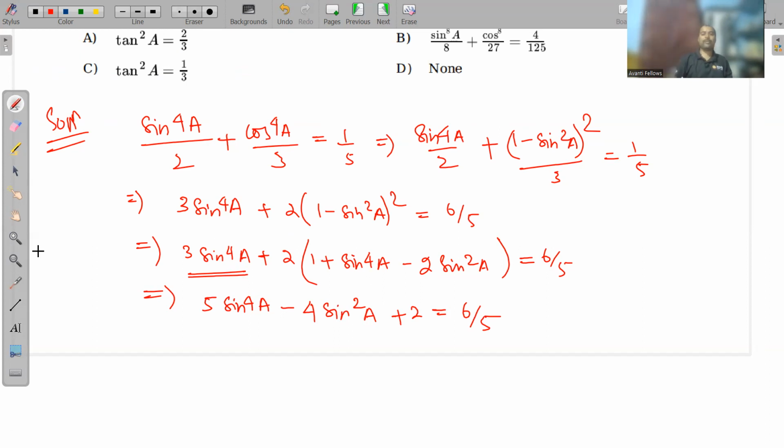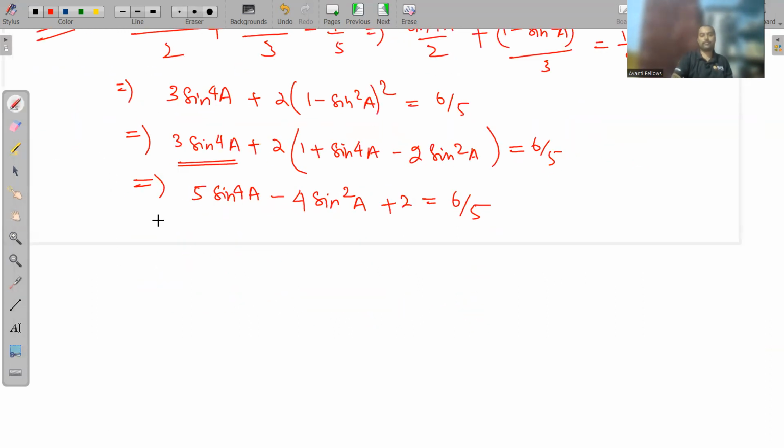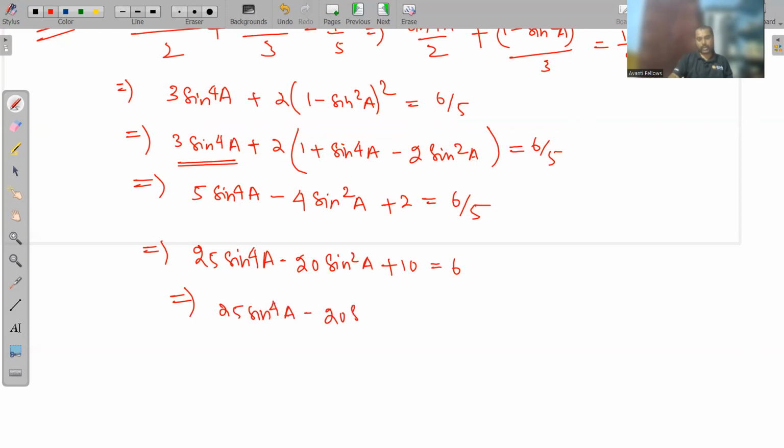Now if you multiply 5 on both sides, we are getting 25 sin की power 4a minus 20 sin square a plus 10 is equal to 6. So finally we are getting 25 sin की power 4a minus 20 sin square a plus 4 is equal to 0.